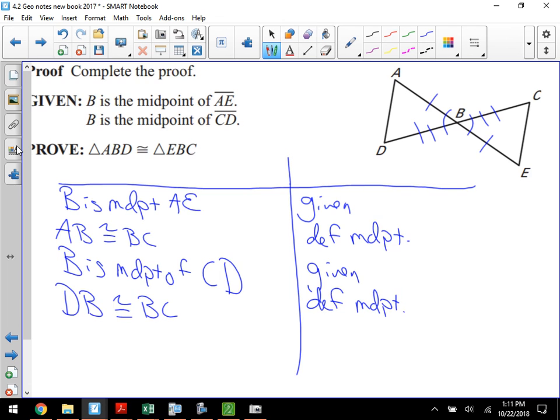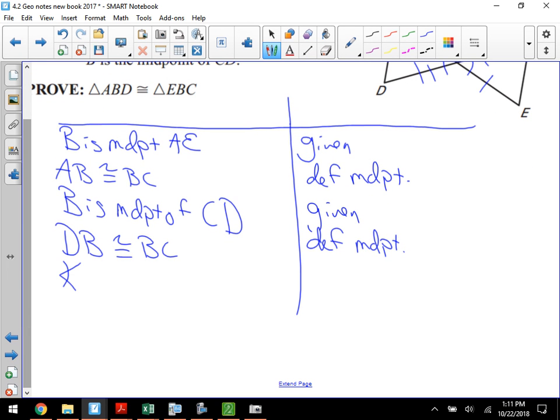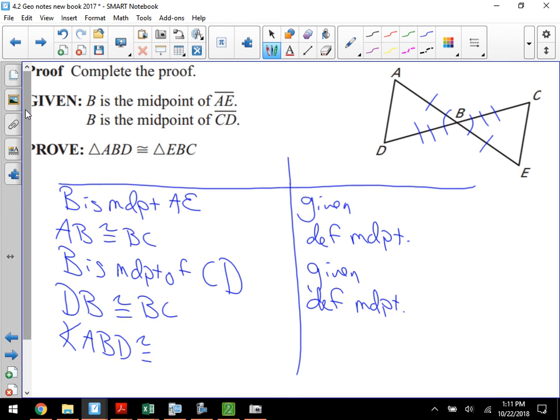So if you say angle ABD, what do the letters have to be from the other direction? Watch the letters. Look at the tick marks. If I'm going A, B, D, it's got to be E, B, D.